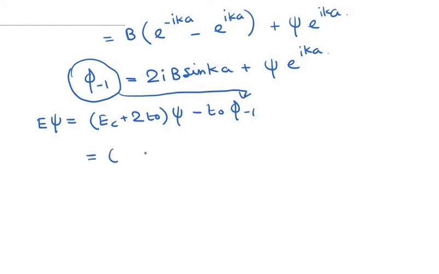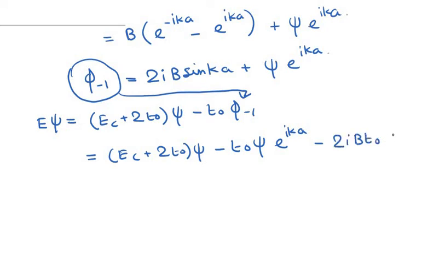Then this becomes EC plus 2T0 psi minus T0 psi e to the power i k a plus 2i b T0 sine k a times e to the power i k a.